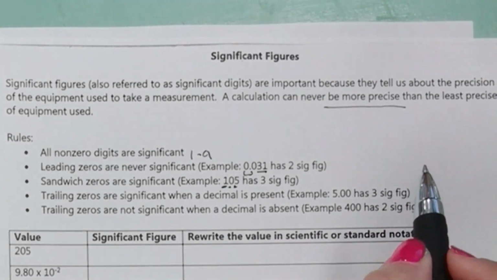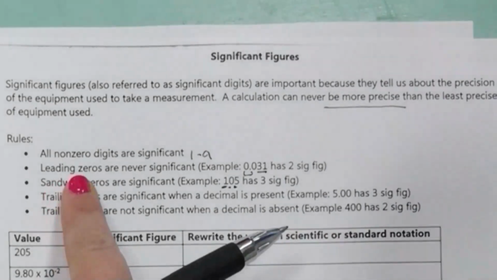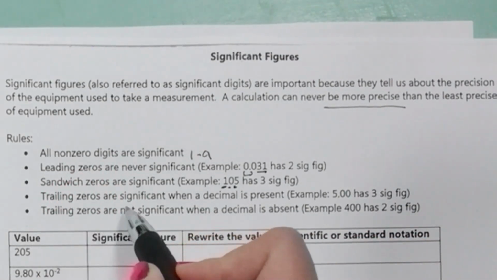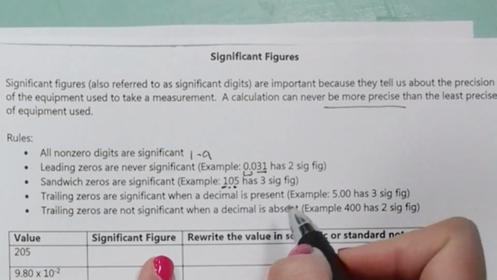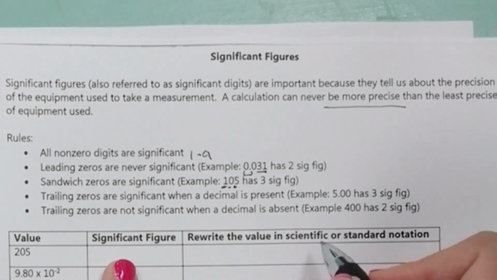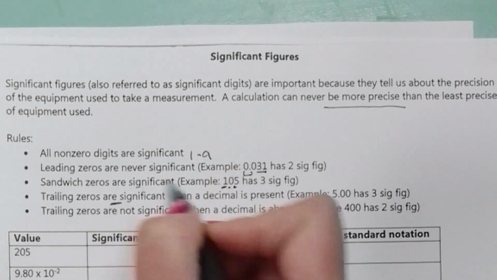Trailing zeros. Trailing zeros really sometimes take students out, as well as leading zeros. Those can get tricky too. Trailing zeros are significant when a decimal place is present. I was reading the bottom one, but I'm on the second one.